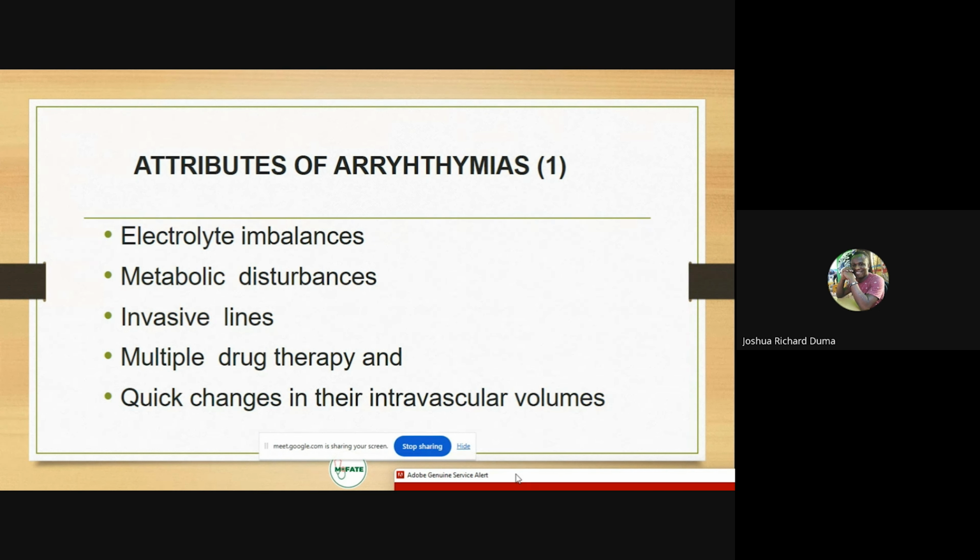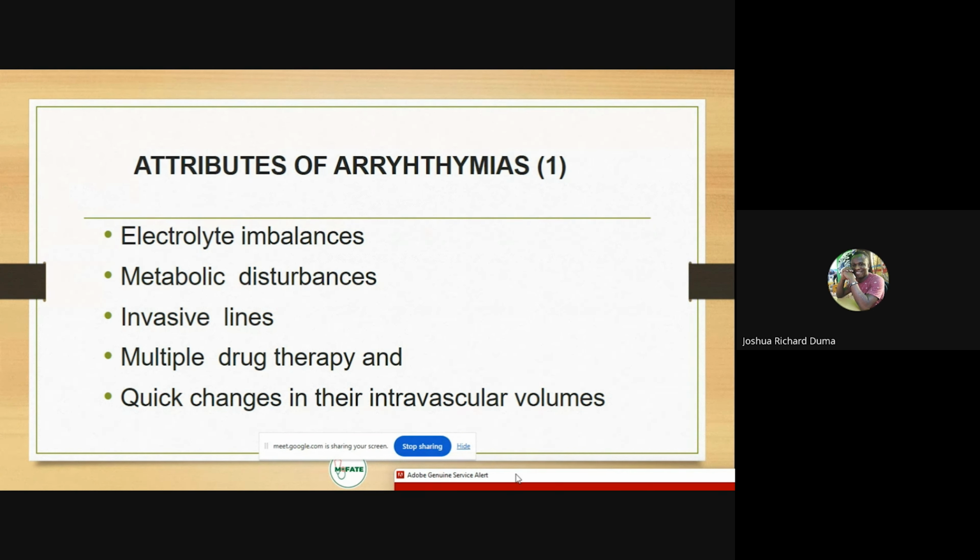It's quite easy to see that the patient is having high potassium through ECG, low potassium, sometimes metabolic disturbance. Once the patient is having, let's say, metabolic acidosis, it can be seen through ECG. Invasive lines, the arterial lines, etc., can be monitored too.